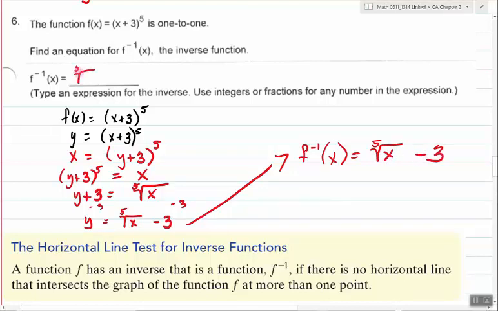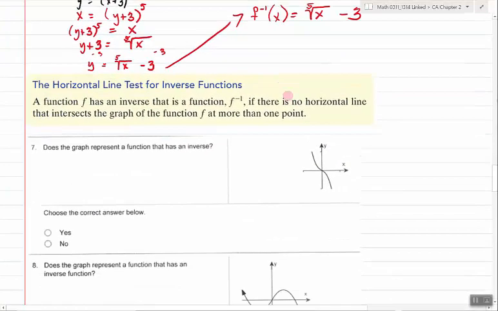Once again, you will find that root in your tools. The original f function adds 3 to x and raises it to the 5th power. Its inverse takes the 5th root of x and subtracts 3. I hope you can see they are doing opposite operations, and they're doing it in an opposite order.